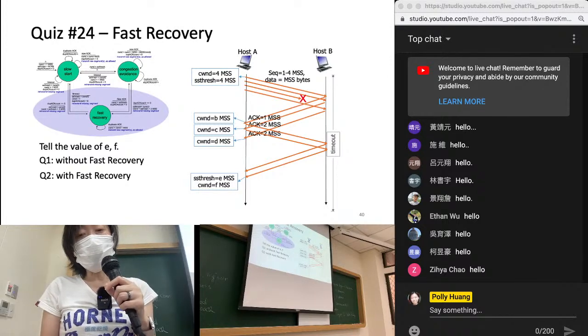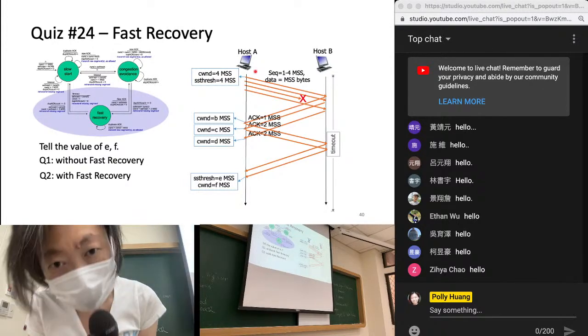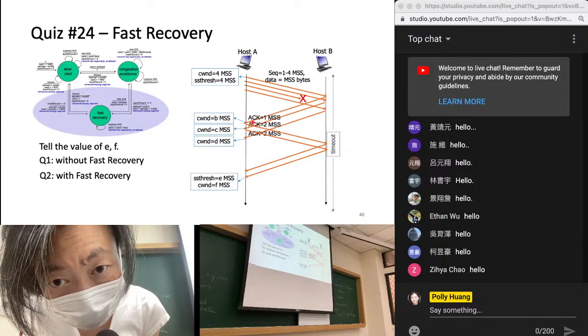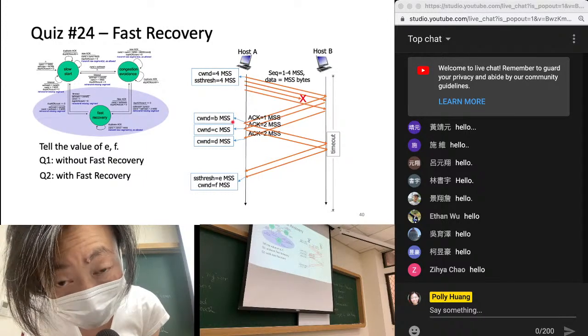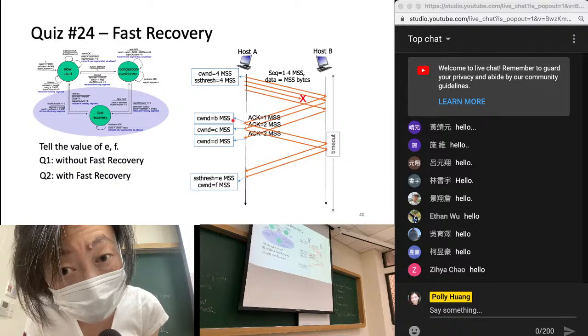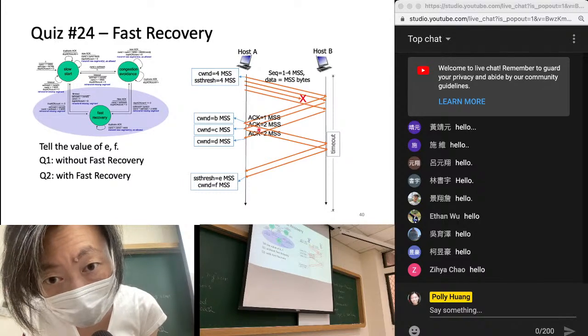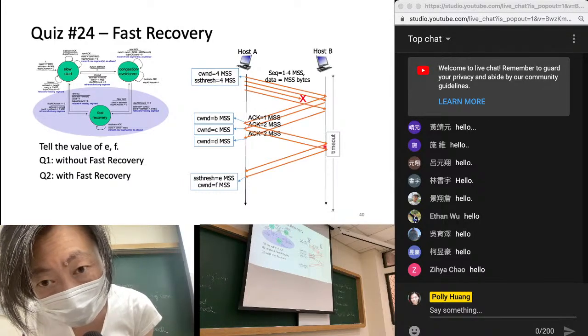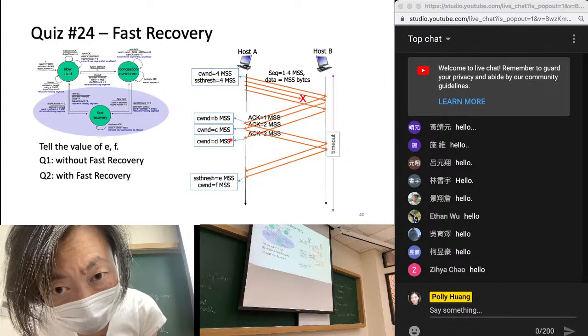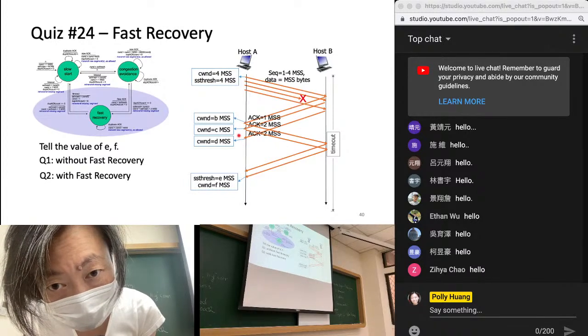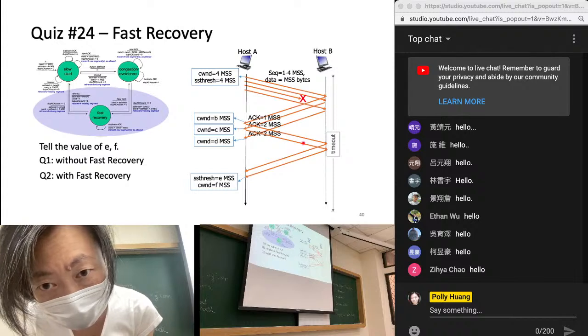What's being added more is simply here. Look at this. After receiving ACK 1 MSS, B will be recalculated, and 1 packet is sent after that. After receiving ACK 2 MSS, C will be calculated, and another packet is being sent.